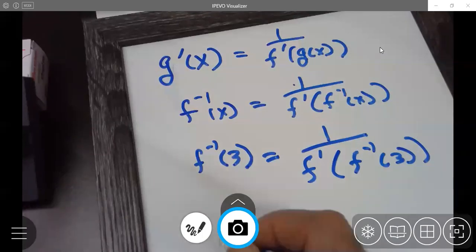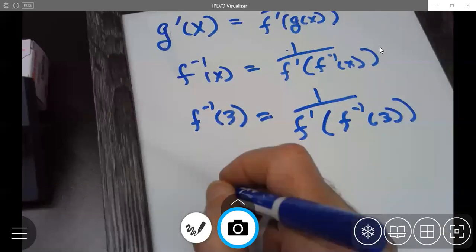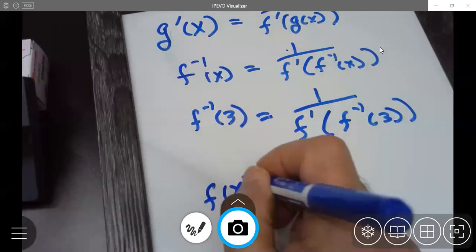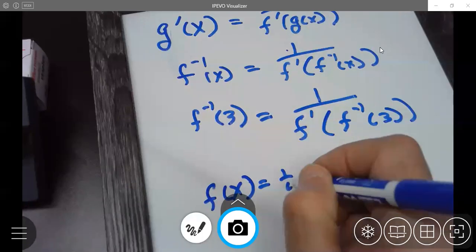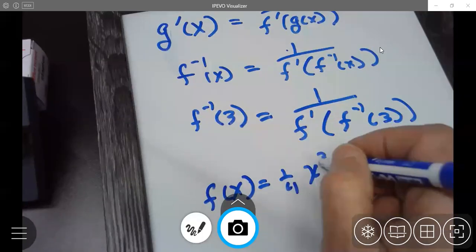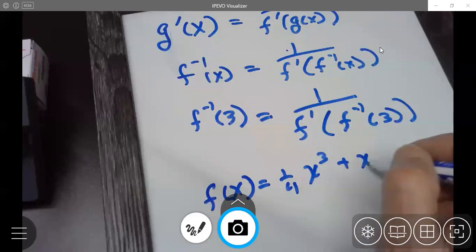So here's f of x. We said it was 1/4 x cubed plus x minus 1.